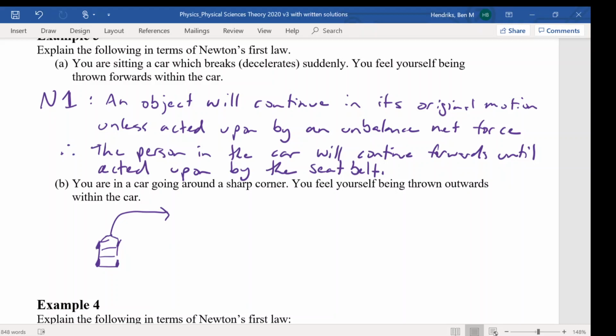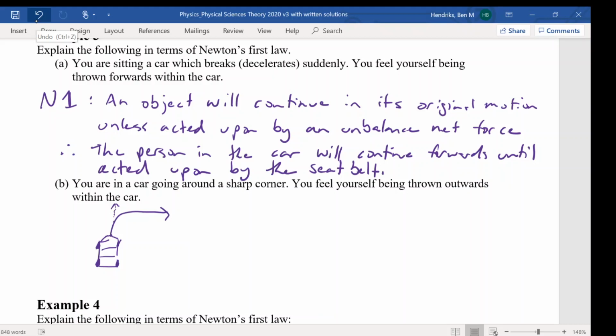If this car was just to go in its original motion, this original motion is just straight ahead. So everything within the car, its original motion will be straight ahead also. And then again, just like the first problem, the seatbelt is what's connecting us to our car.